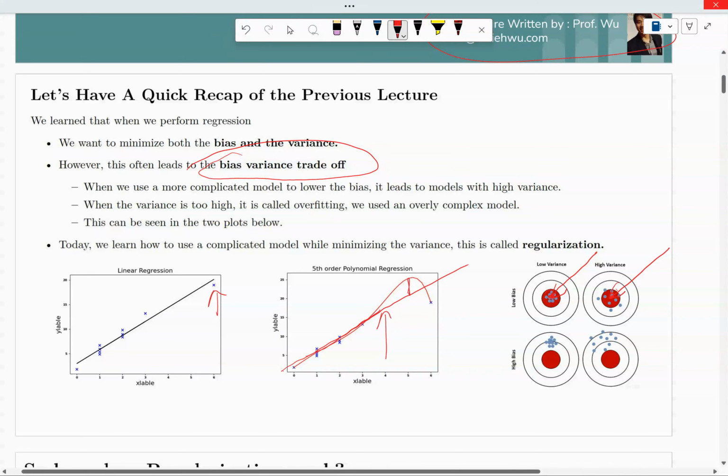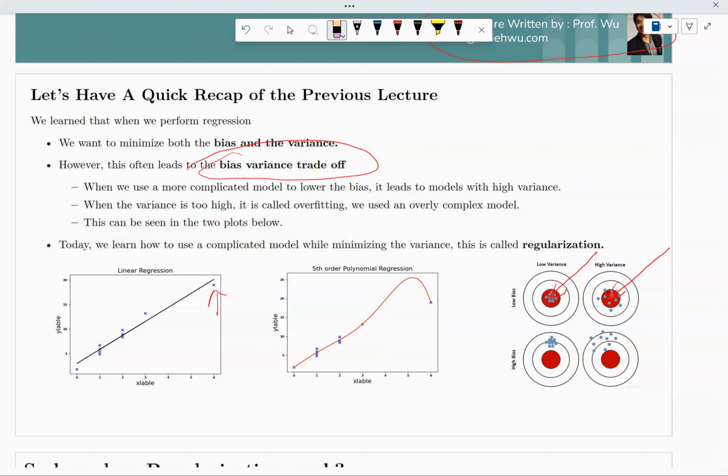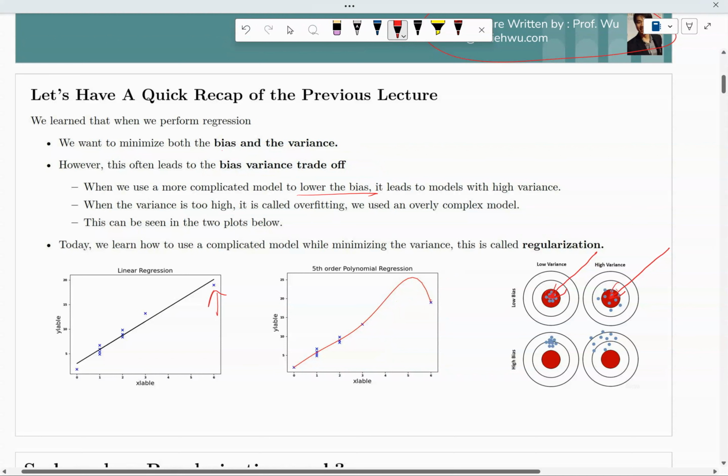Notice how there's a big bump here now, and you don't want these big bumps based on the bias variance trade off. So when we use a more complicated model to lower the bias and hit this point, it increases our variance to something too high. And when the variance is too high, we call this overfitting. That implies we use an overly complex model, which is not good.